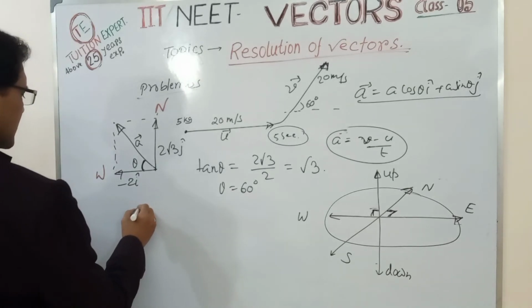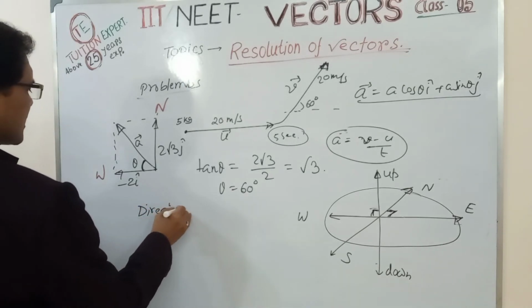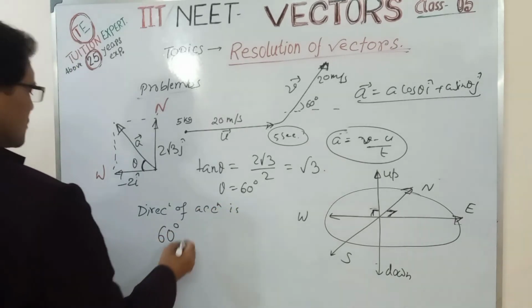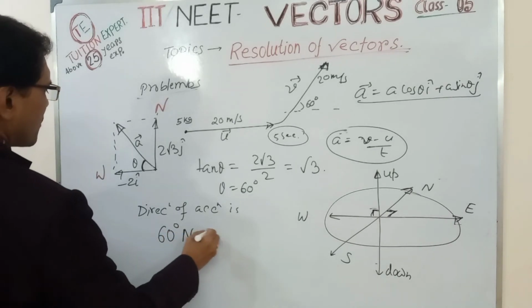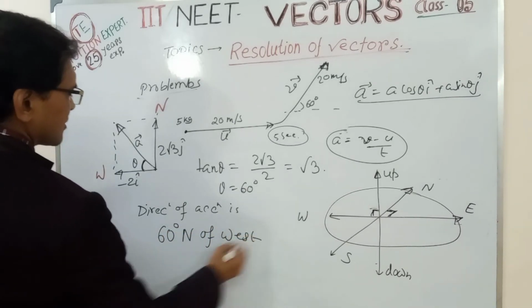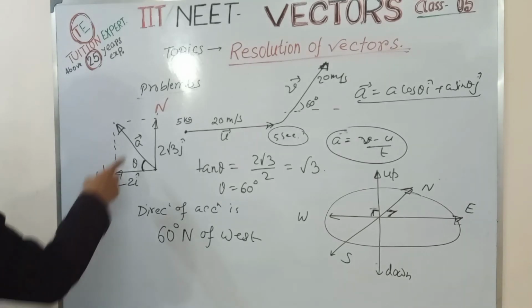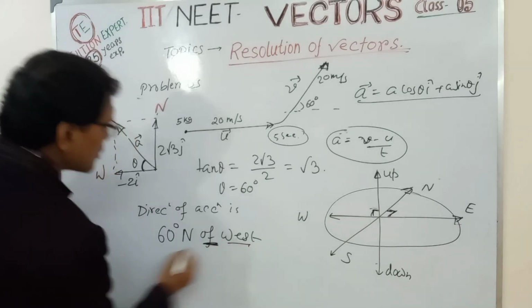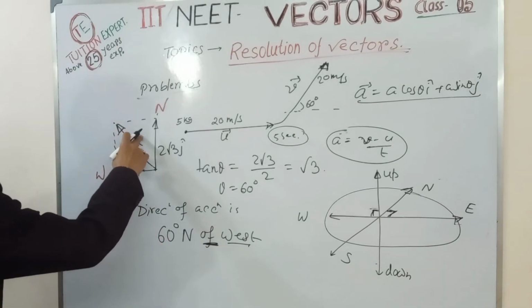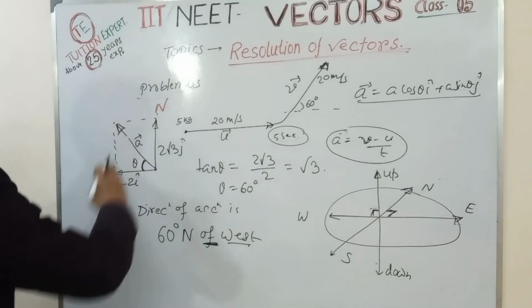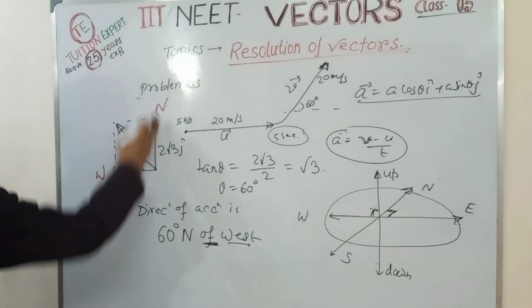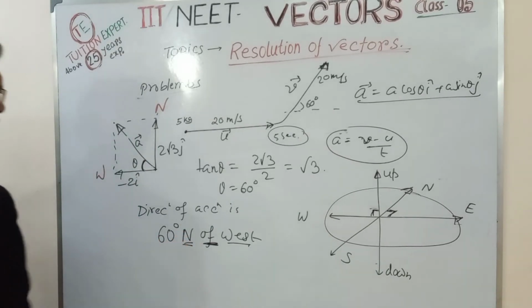We write the direction of acceleration as 60 degrees north of west. The vector A, that is acceleration A, makes an angle with the west direction and is directed towards north, so we write 60 degrees north of west.